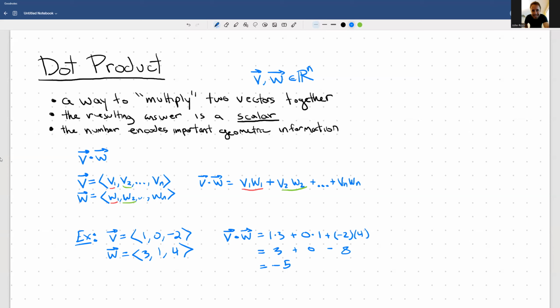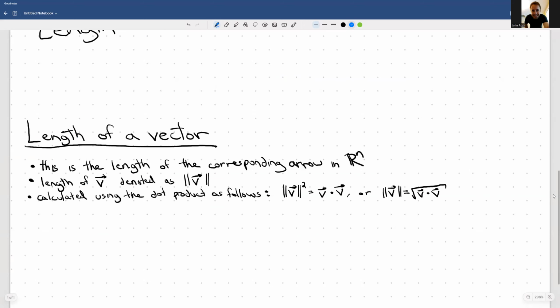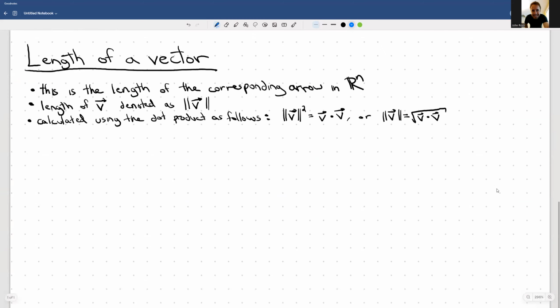And we might not see that right now, and it might take us a little while to develop that geometric information. But I do want to conclude this video by talking about one really nice way in which the dot product encodes geometric information, and that is through the idea of length.